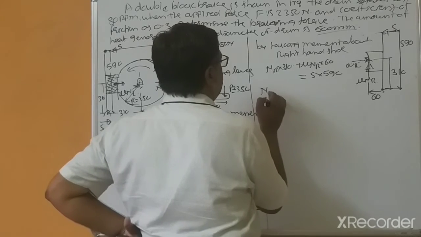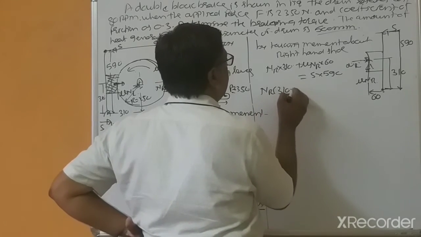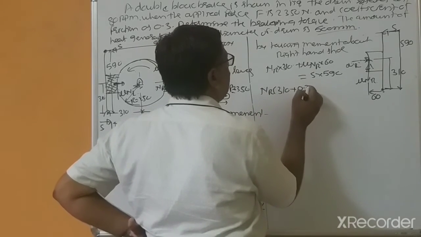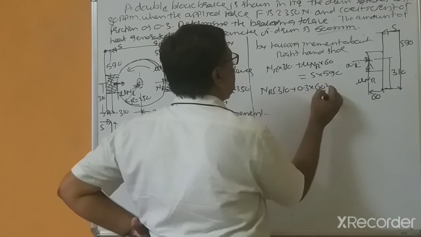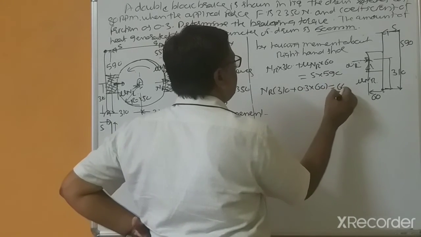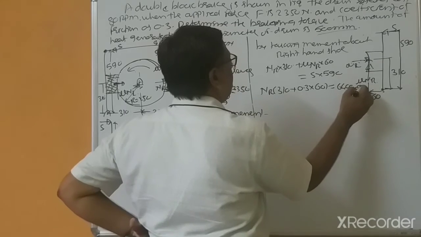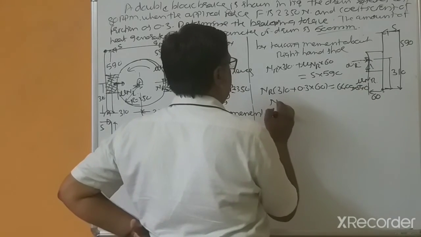So NR into 310 plus 0.3 into 60 equal to 6409 multiplied by 590.